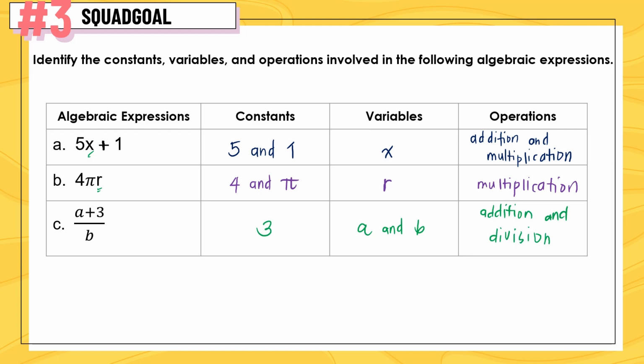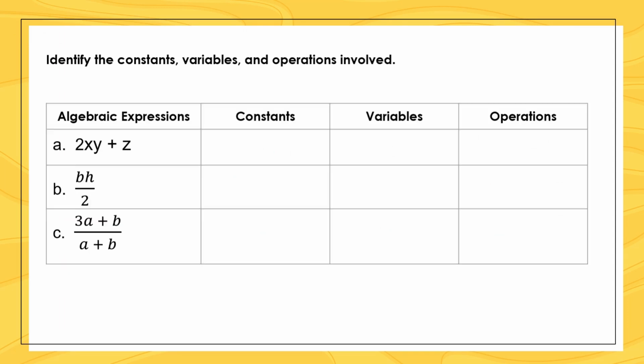Any question for this one? None? If none, good job. We have accomplished already your third squad goal. You were able to identify constants, variables, and the operations used in an algebraic expression. Now, what I want you to do is try this one.